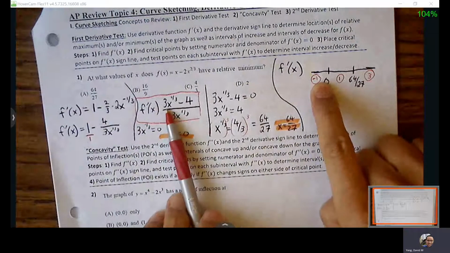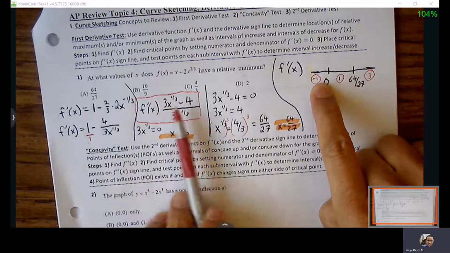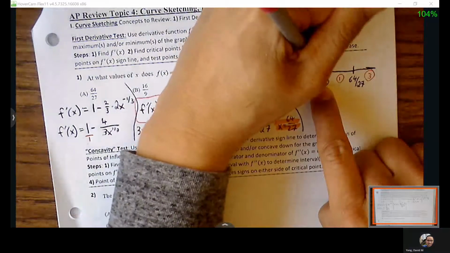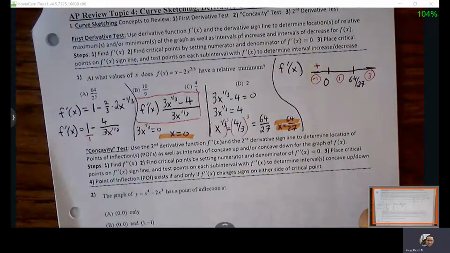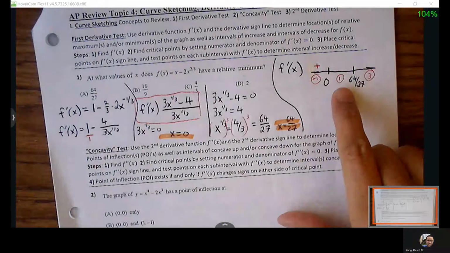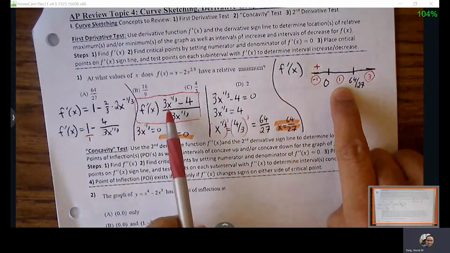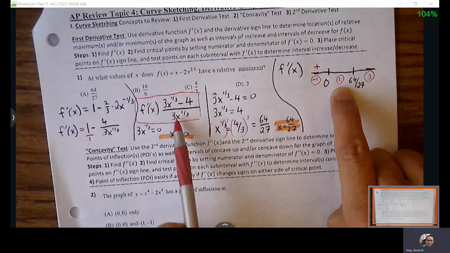So -1 in for x, -1 to the 1/3 is still -1. So -3 minus 4, that's negative over a negative. So negative over negative is positive. Okay, plug 1 in. 3 minus 4 is negative over a positive.